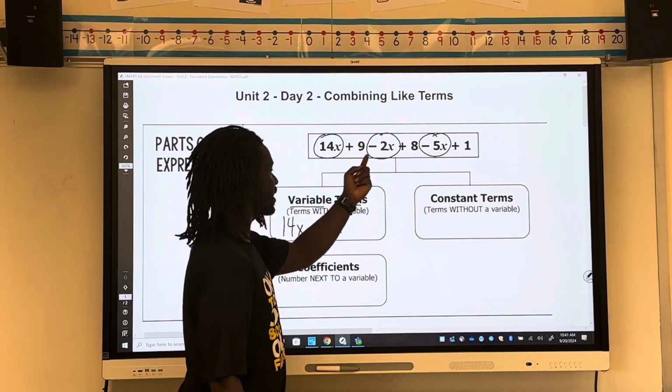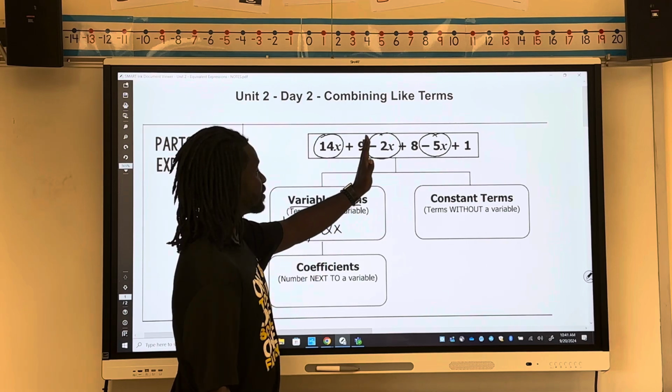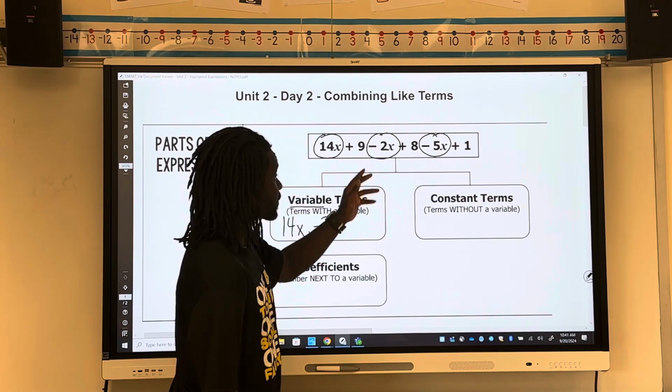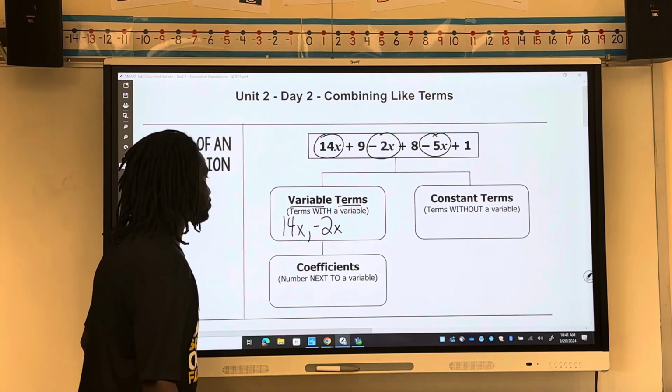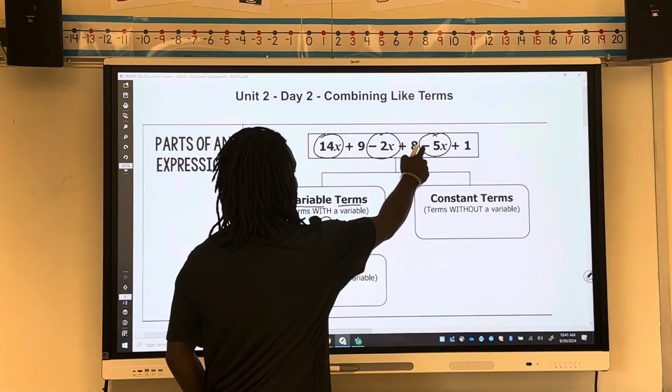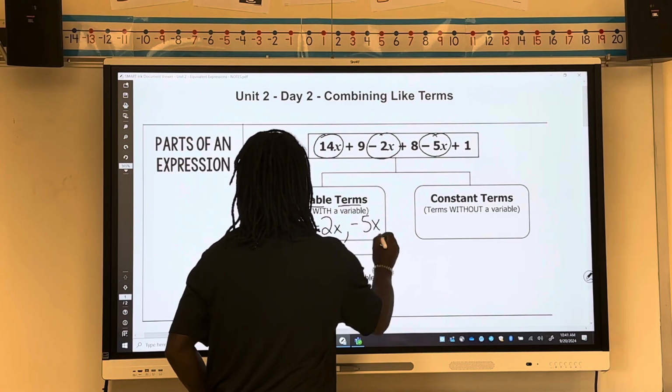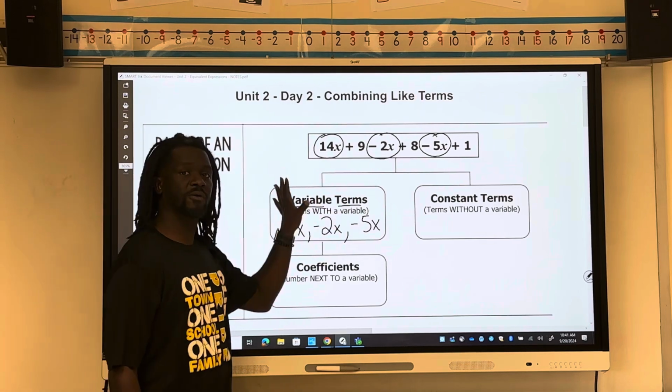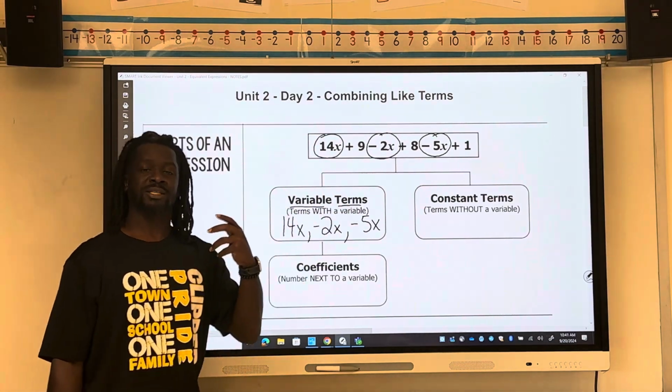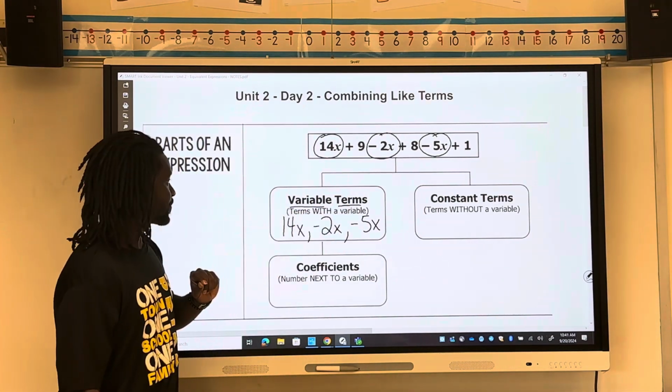The sign in front of a term goes with that term. Then you also have negative 5x. Those are our variable terms, the terms that include a letter.